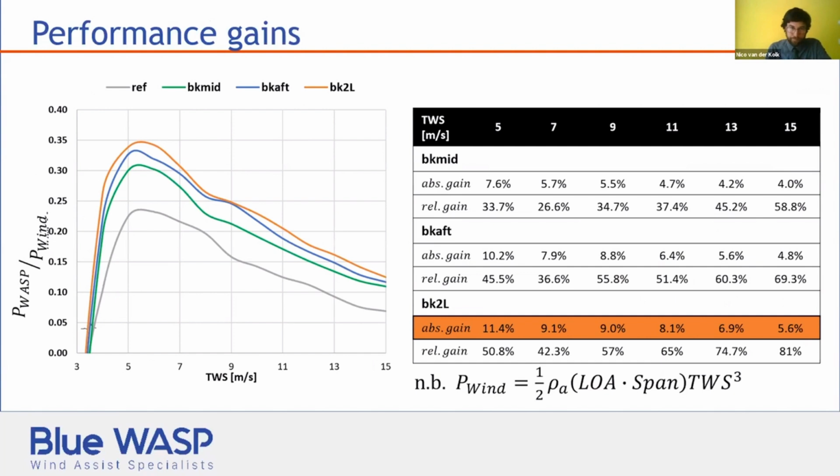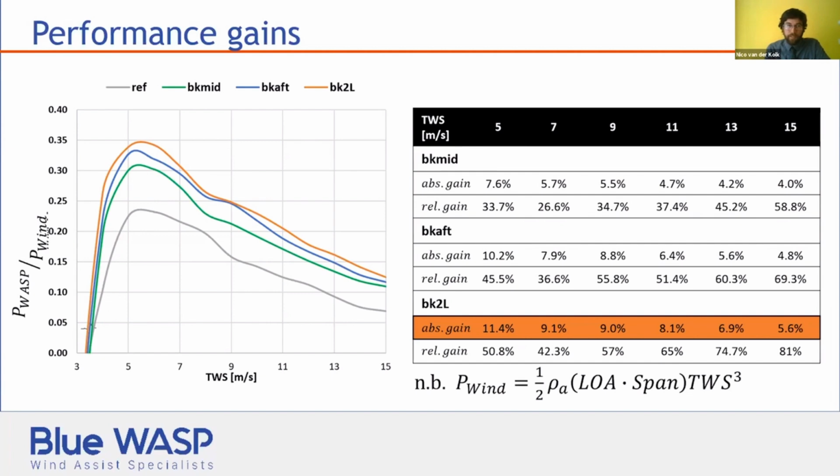So just to look at how this variable moves, see here for the reference case and then for the three appendage variations, that if you look at it in terms of an absolute gain, it's on the order of 10%. And if it's in a relative sense, then it's really on the order of 50% in some cases.